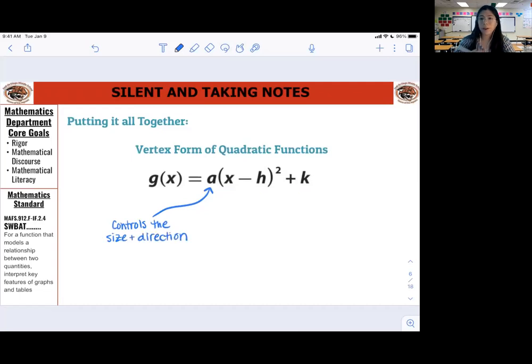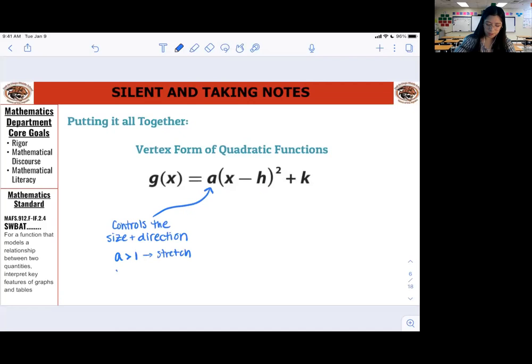We already know this. We just wrote what we've been talking about so far. If A is greater than 1, what happens to the graph? It becomes skinnier, so it's a stretch.